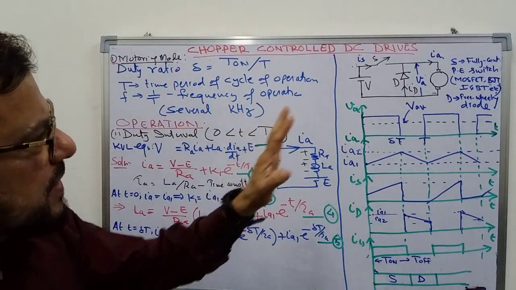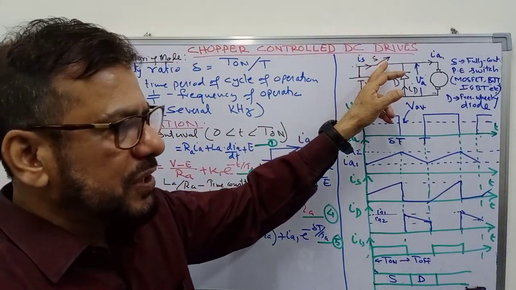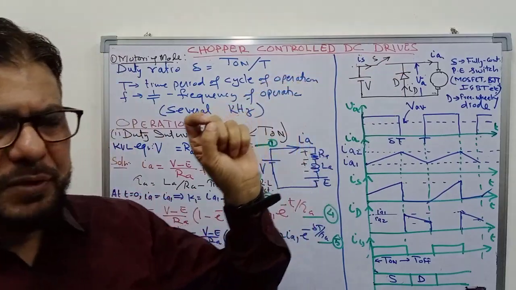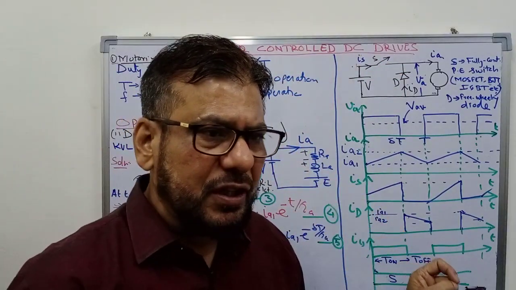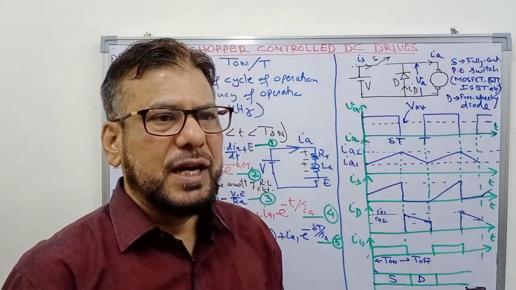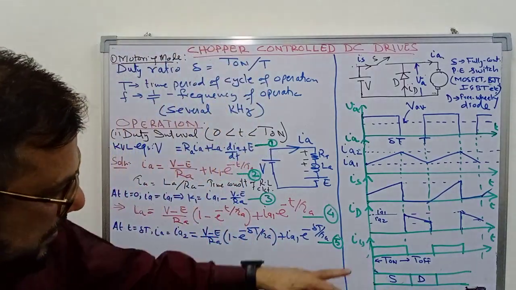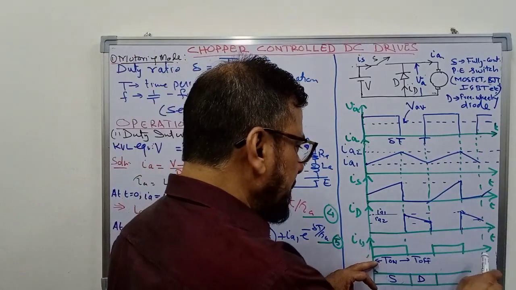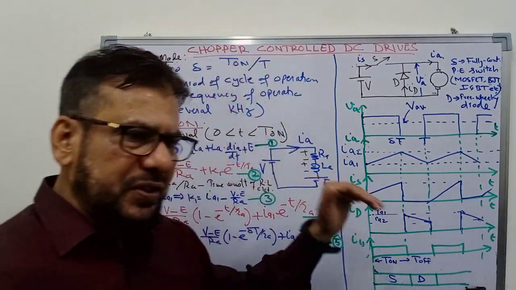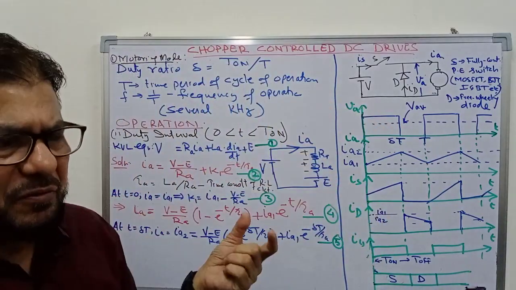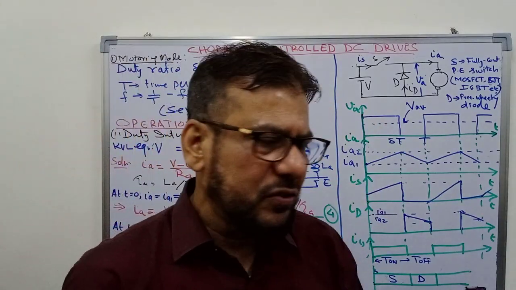The simple operation is that you have to give a signal to this switch for some time period and then remove the signal for the remaining period of the cycle, and the switch will turn on and turn off accordingly. So this is the gating signal that you give. It can be a base current in the case of BJT, it can be some voltage signal in the case of MOSFET.